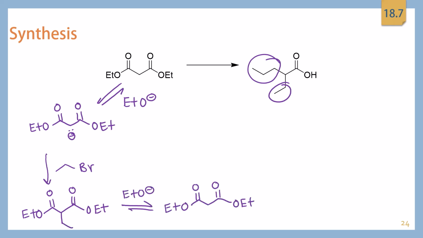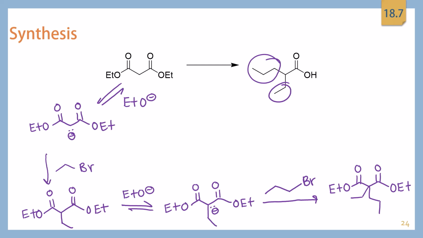Add in ethoxide again. We have our ethyl group still. Now we have an enolate. Add in 3 carbons this time. So now we have an ethyl group and a propyl group. And again, in one fell swoop if we want to.